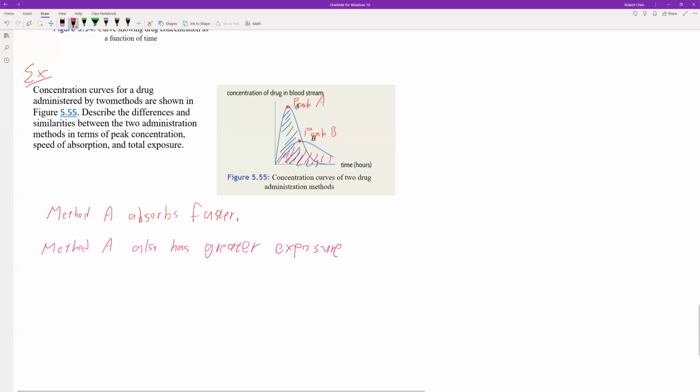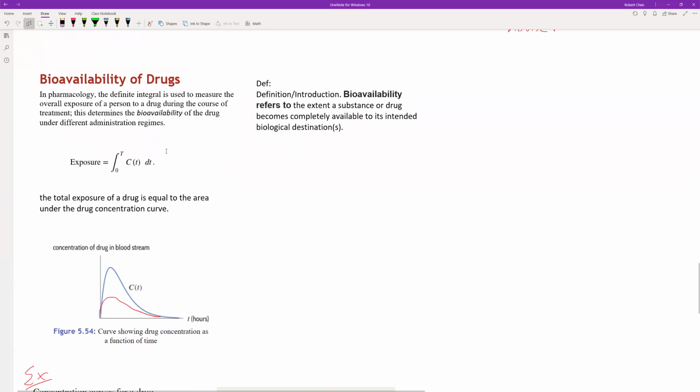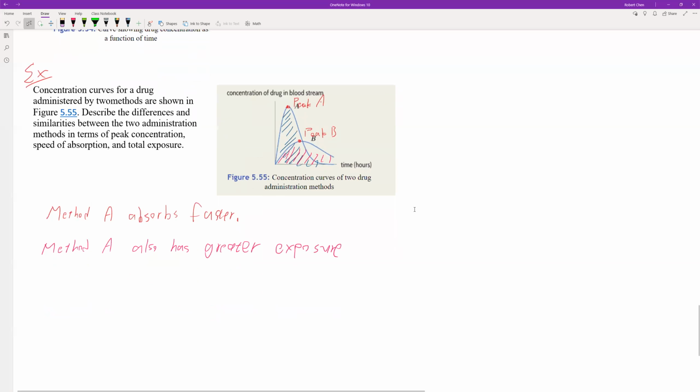Remember that exposure is defined by the definite integral of the concentration function, meaning it's represented by the area under the curve. So method A has a greater exposure, meaning it's going to be greater than the absorption or the exposure of method B.